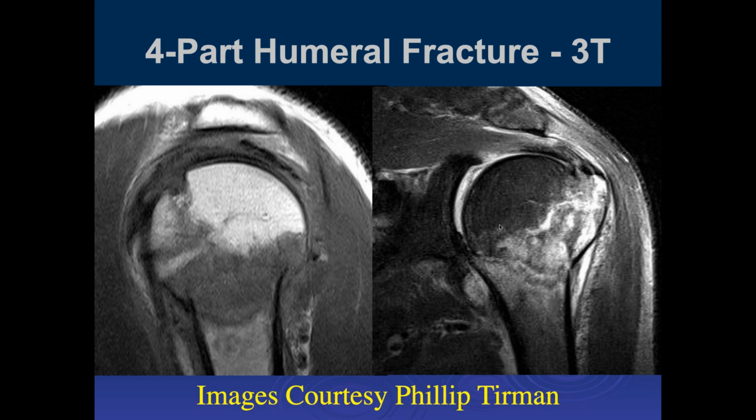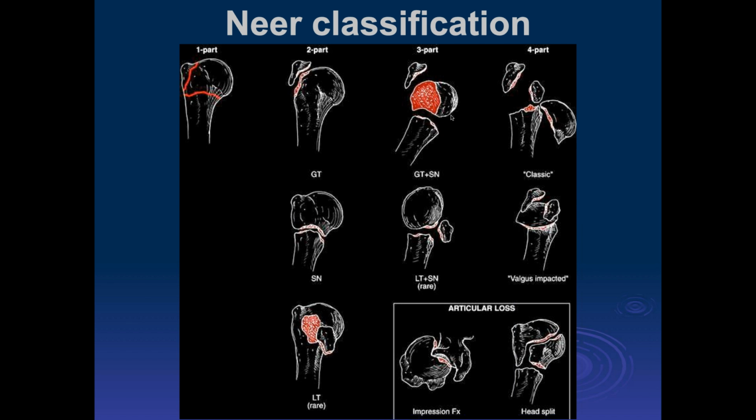So this is probably a four-part, which comes from the Neer classification, which was really developed on plain films, where you look for the number of different bones here. So these are non-displaced, so that would just be one part.